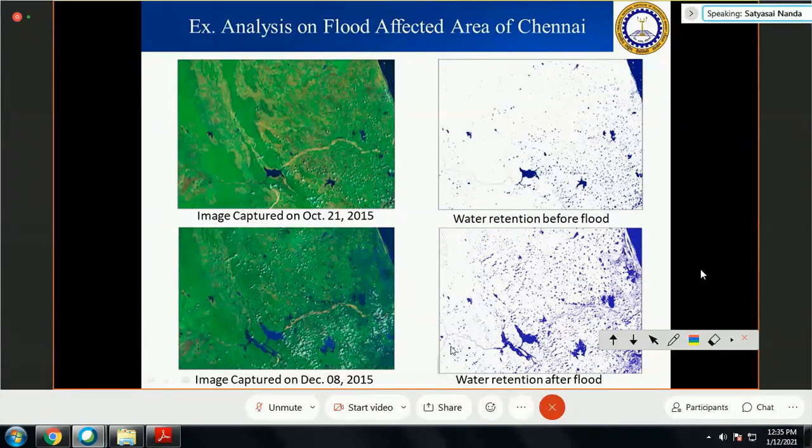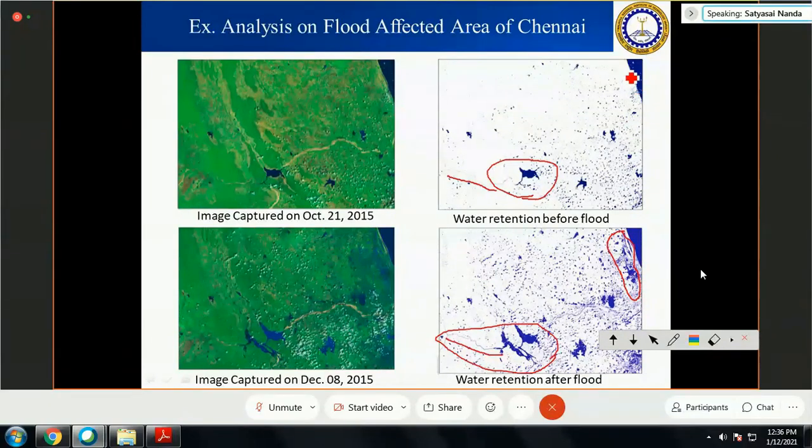You can observe how the river banks and the other areas, the amount of water has drastically increased. Compared to this lake, you can observe this lake, and this particular portion is the path of the river, which has increased over here.